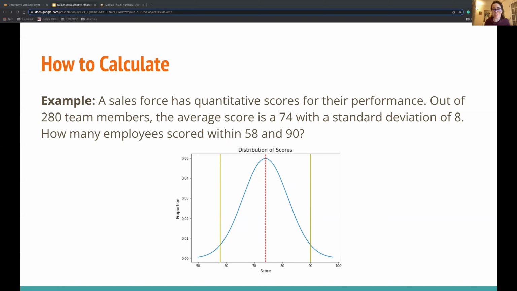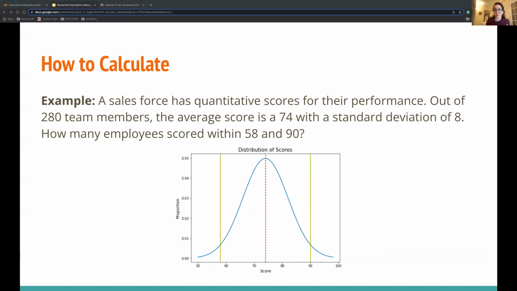Now, if we wanted to take 2 standard deviations, we would subtract another 8 and get 58 exactly. And this goes on the other side of the axes for the positive of 90. So these values are 2 standard deviations from the mean, since we took 8 and multiplied it by 2.